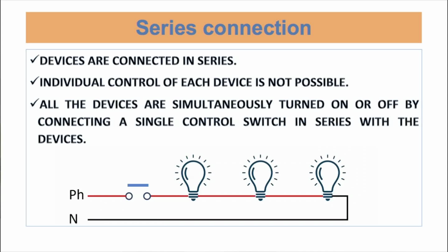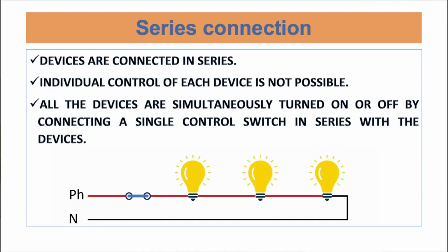Since all devices are part of the same circuit, turning the switch on or off will control all these devices simultaneously. As you can see, when the switch is turned on, all the devices will turn on, and when the switch is turned off, all the devices will turn off.